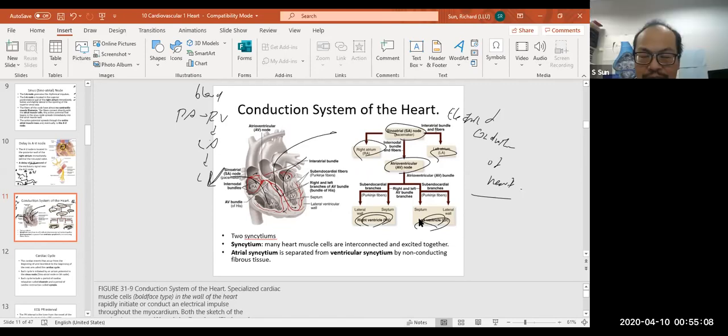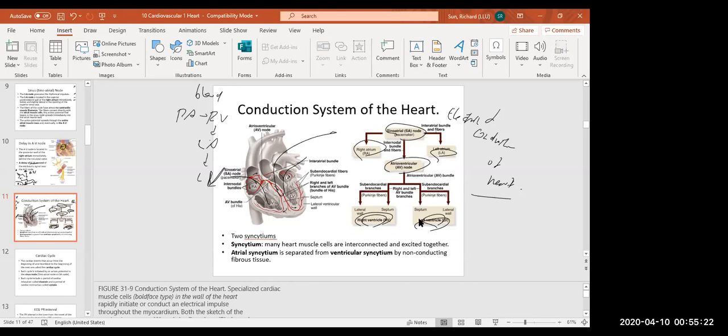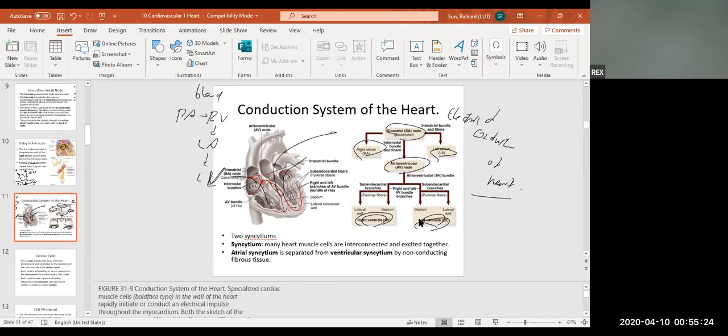So that's the tricky part, that contraction and blood flow have different sequences. Is that clear? Yeah. Okay.